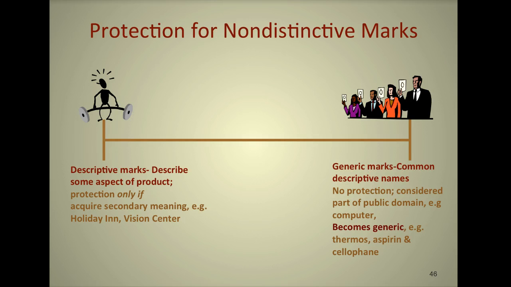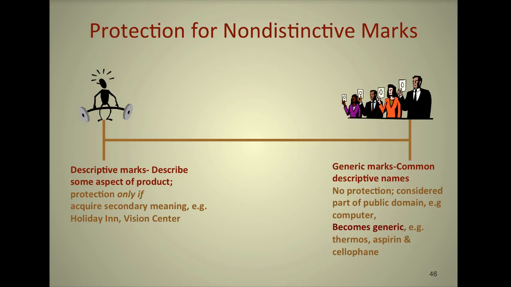Now, sometimes you may have what you thought was a descriptive name or even a fanciful name, but it becomes part of the public domain. It becomes generic because, as a company, you don't do enough to protect it. If you want to make sure that your name is protected, then you have to vigorously enforce that it is a trademark.